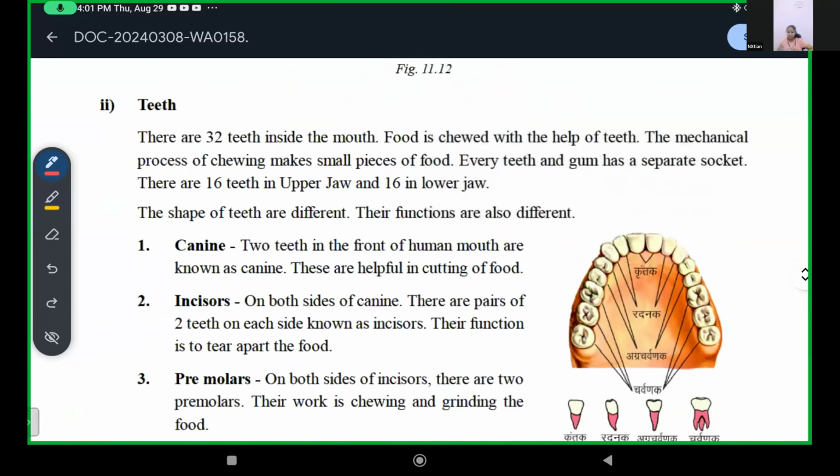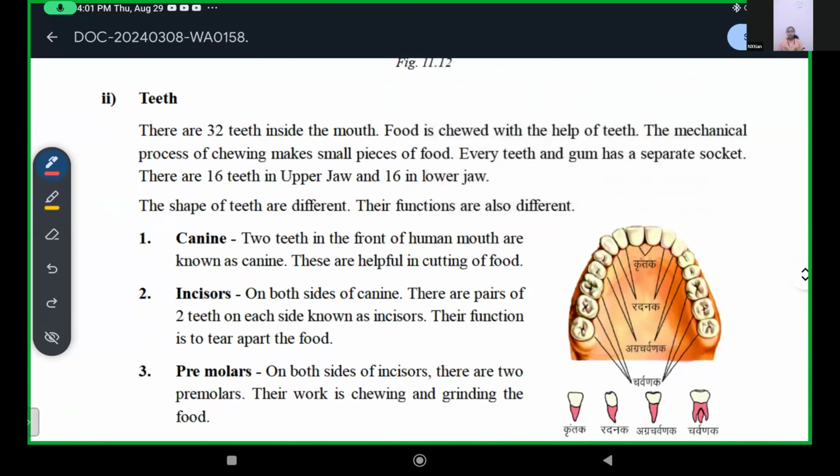Then we will talk about teeth. Now, when we take in food, it is in a bigger form, basically a solid form. So what do the teeth do? They grind the food to make it smaller, to make it easier to digest.